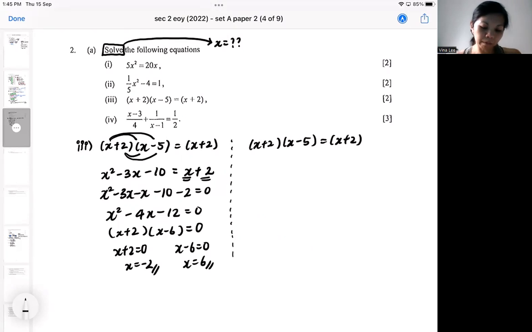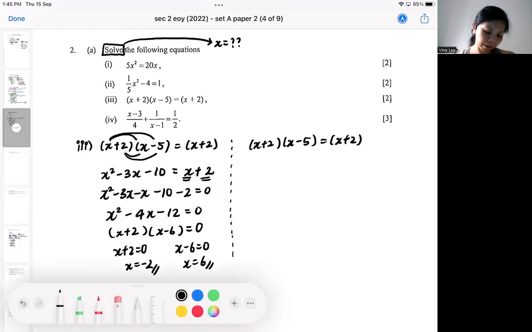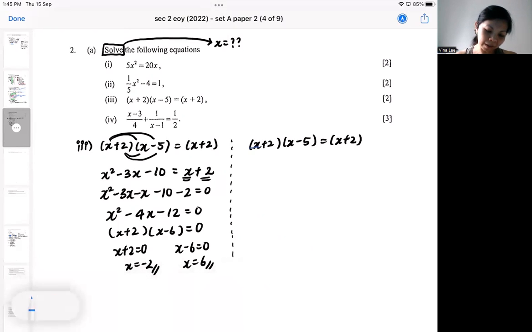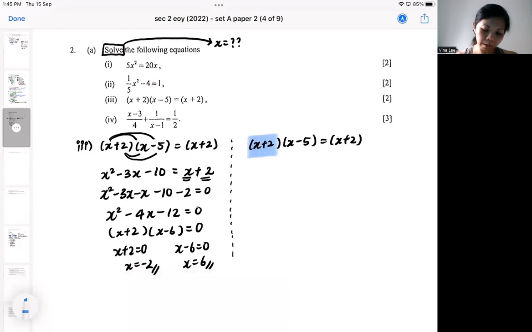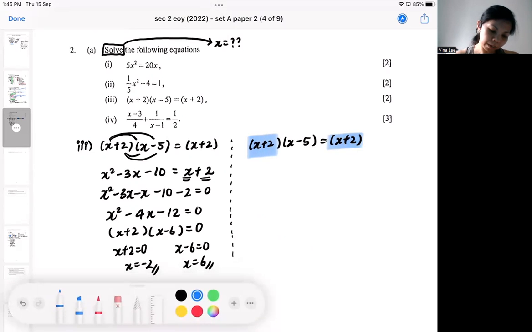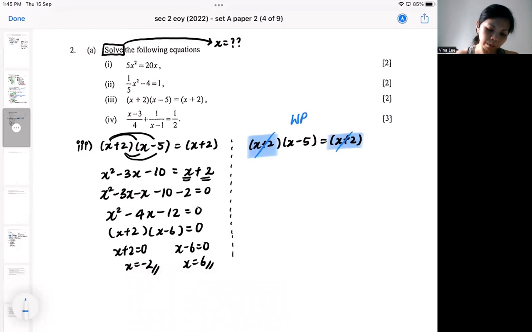Okay, another method will be this. Some of you might realize, how come there is a bracket that looks identical? So some people end up canceling the bracket. Some people will tell me this is what they do.